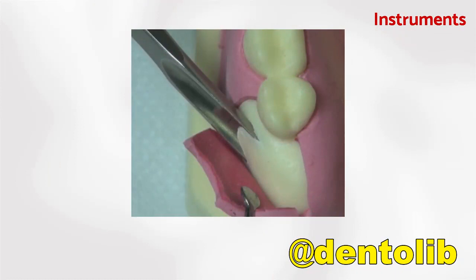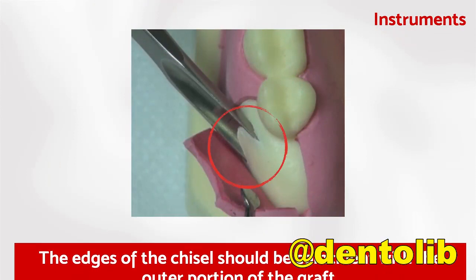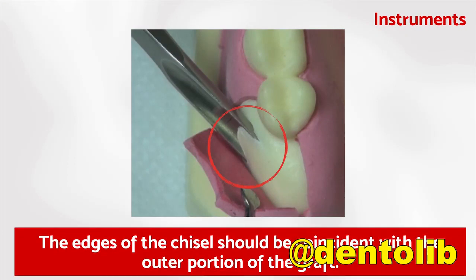The main reason for doing that is to save time, because time consumption is very important. But not only that, we have to transfer the bone graft from the donor side to the receptor side as quickly as possible. Take a look at this picture and pay attention that the edges of the chisel should be coincident with the outer portion of the graft, the lateral portion of the maxillary tuberosity.